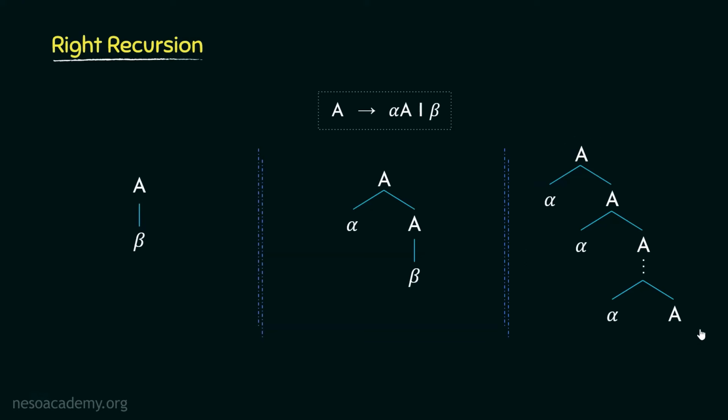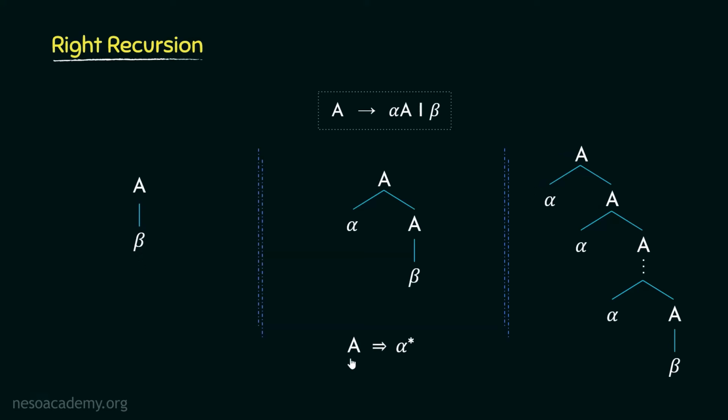All we have to do is to derive beta from the non-terminal A. So basically, using this right recursive grammar from the start symbol A, we can derive only beta or any number of alphas. See, here we have not derived any alpha, here we derived only one alpha, and here we derived as many alphas as we wanted. But every time, the derivation stops by deriving a single beta.